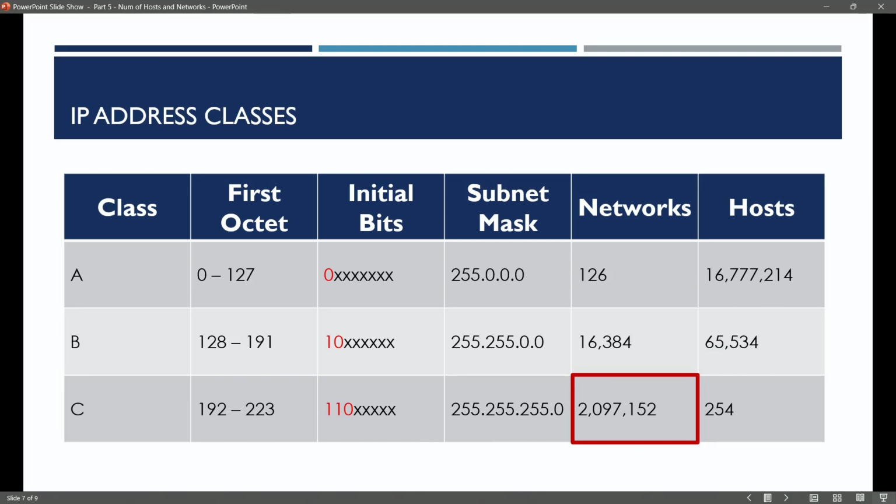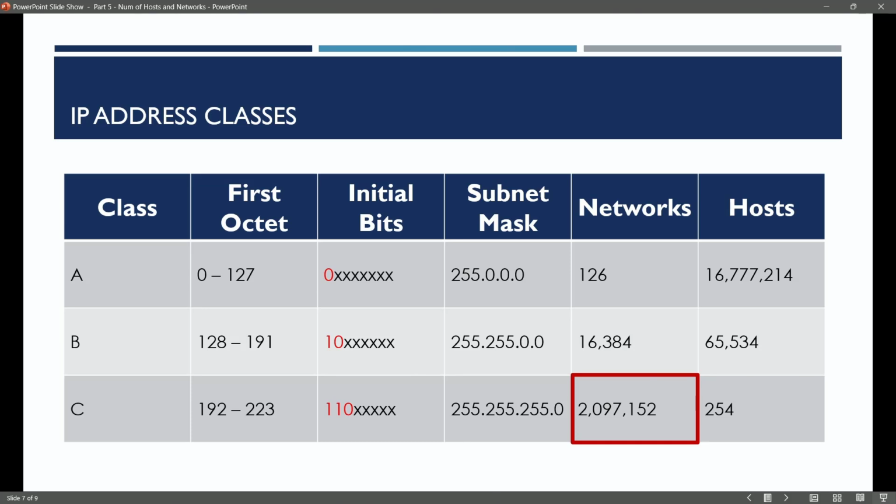We have to remember that the first 3 bits are forced to 110. So that means we only have 5 bits to play with in the first octet.